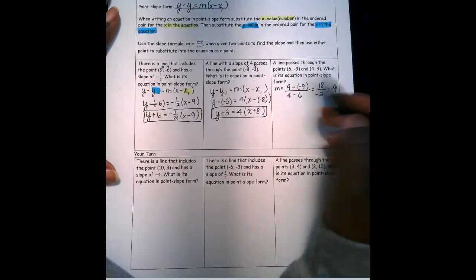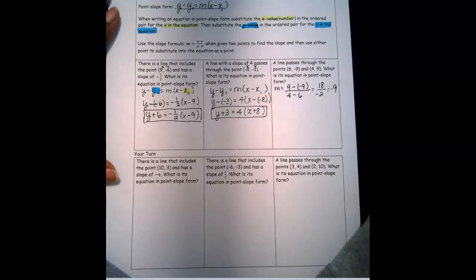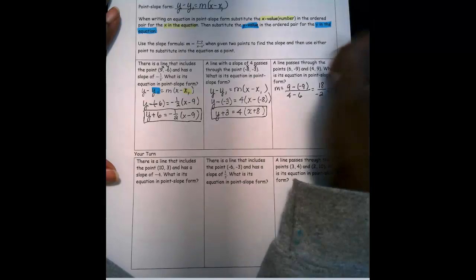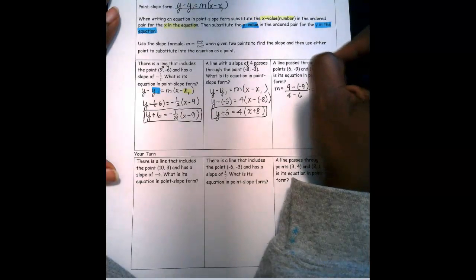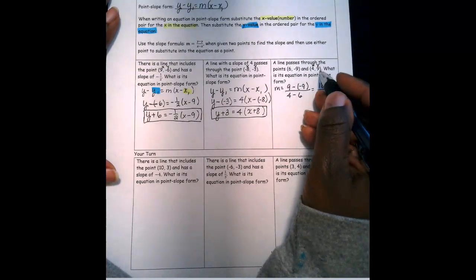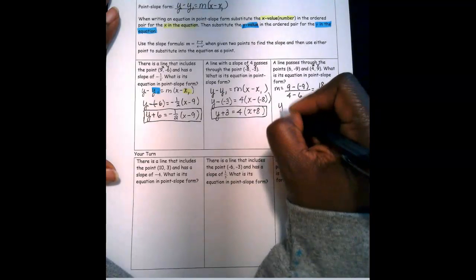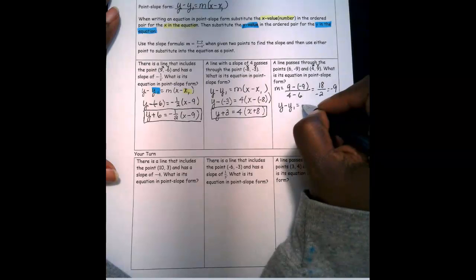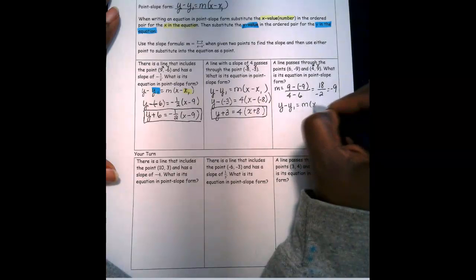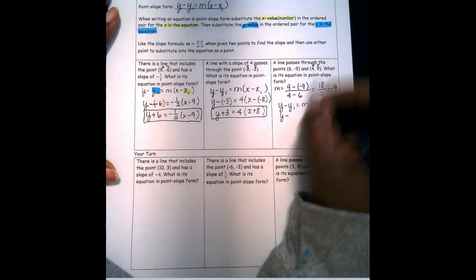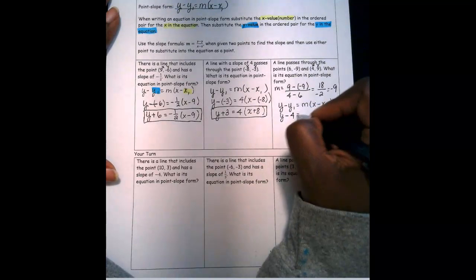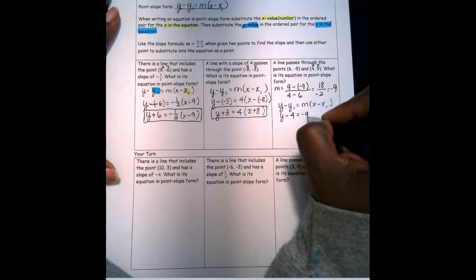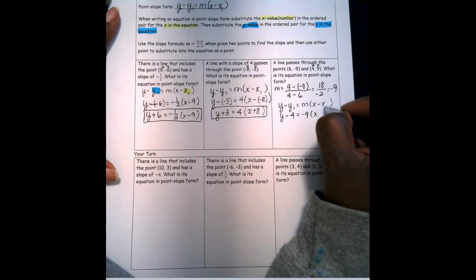Now we could use either ordered pair. It doesn't matter which one. I'm going to go ahead and just use the 4 and the 9. So x is going to be 4, y is going to be 9. So let me go back here and rewrite my equation. So y minus 4 is equal to, our slope is negative 9, x.